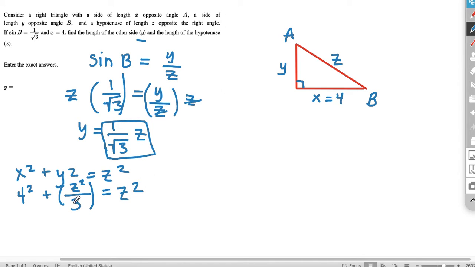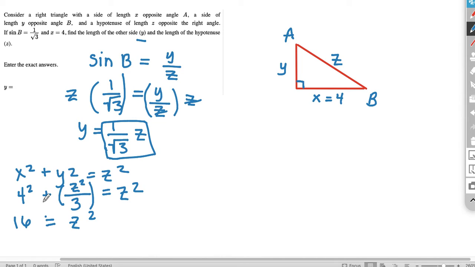So this is starting to look pretty nice. So now we can simplify. 4 squared is 16, and then I can subtract z squared divided by 3 from both sides. Yeah, I'm going to subtract it from both sides. So I'll get 16 equals z squared minus z squared divided by 3.